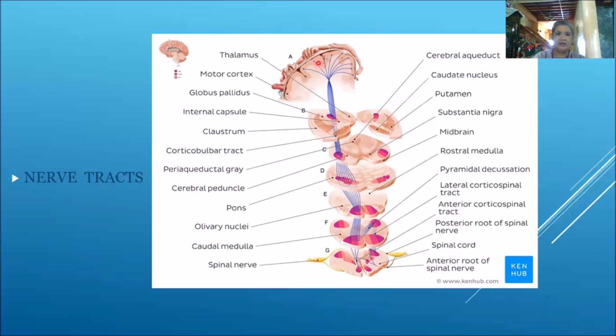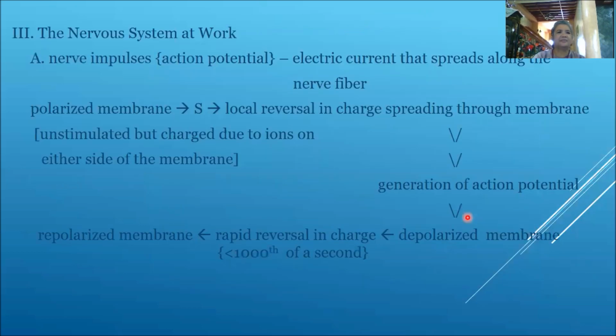Then, once the signal has been processed, it will descend again as another tract to the spinal cord to go to the effector, or the organs or the muscles.